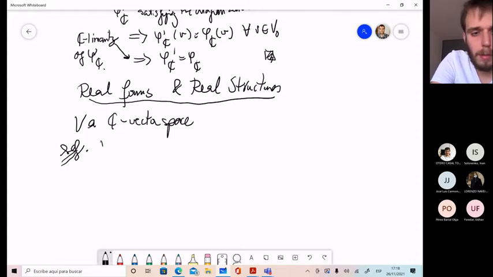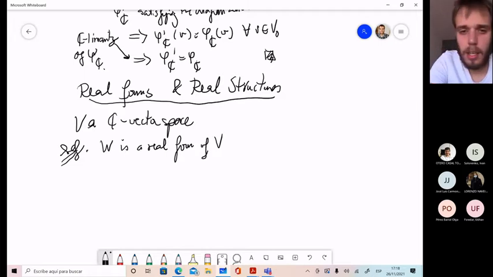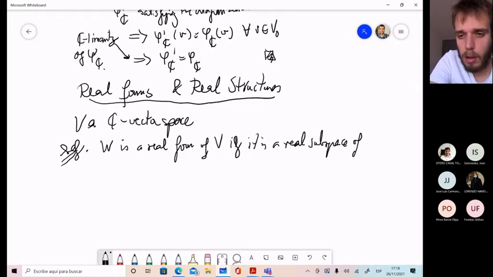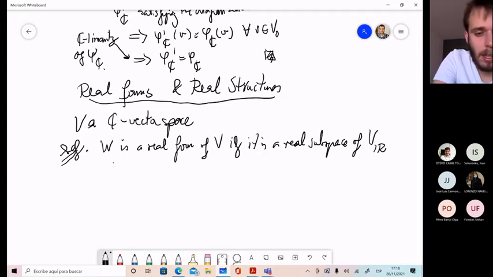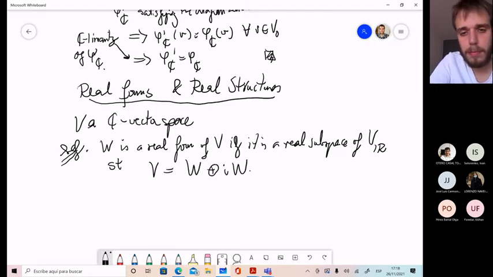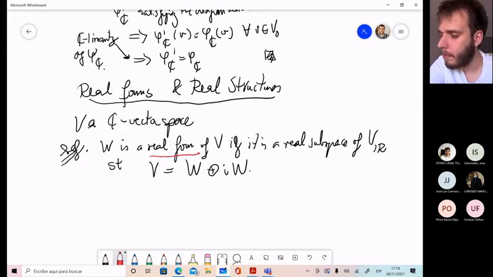So what is a real form? W is a real form of V if it is a real subspace of V_R, the realification of V, such that V is equal to W plus i times W. Okay? This is a real form.